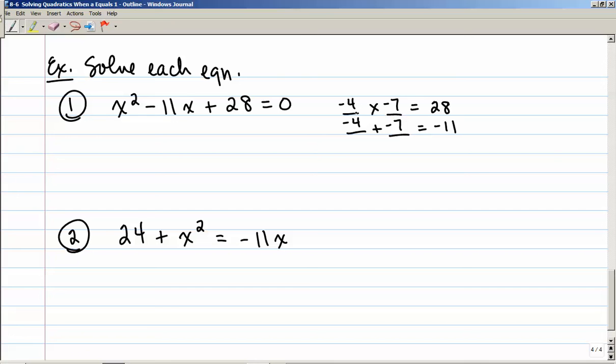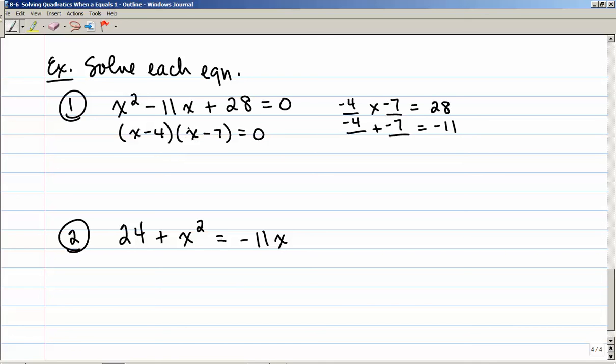And let's just check and make sure that's right. Negative 4 times negative 7 is a positive 28. Negative 4 plus a negative 7 is a negative 11. So the factored form of this is going to be x minus 4 times x minus 7, and that equals 0. All I did here was take my trinomial and factor it as we did in the previous examples.